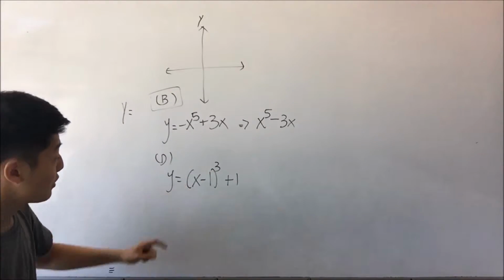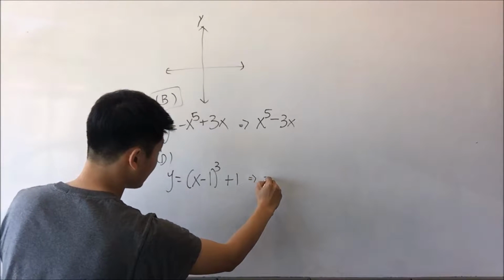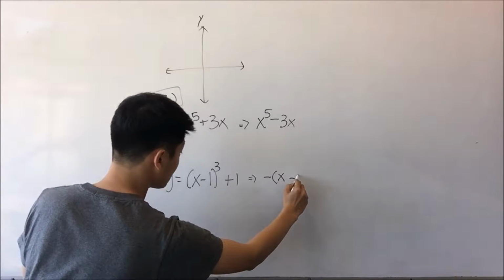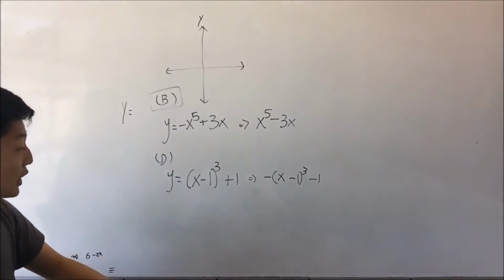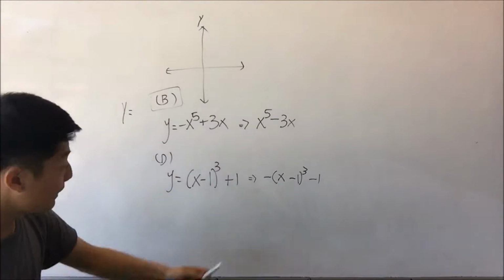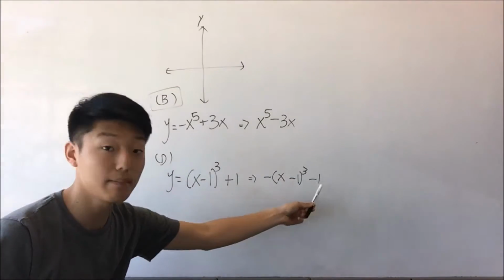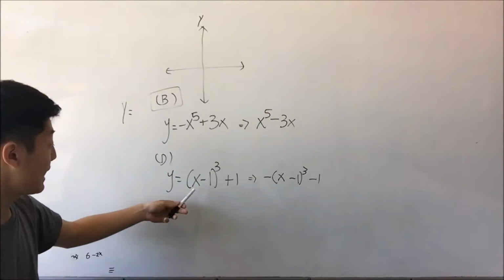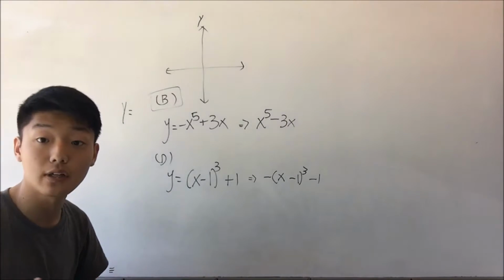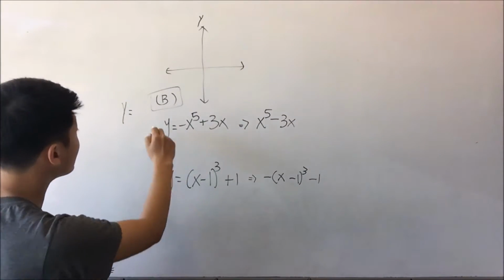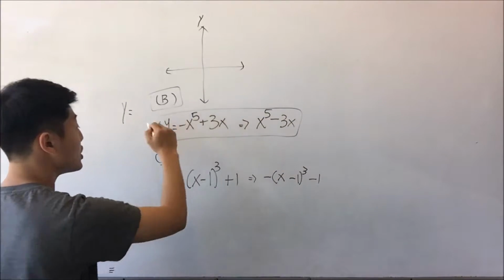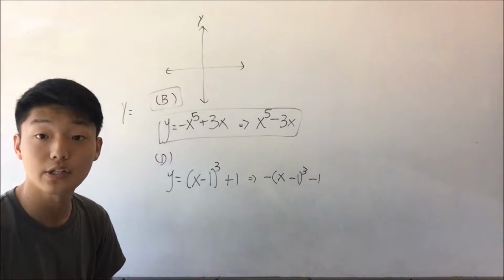You want this to look like negative x minus 1 to the third minus 1. However, because you cannot plug in minus x to the 1, it can never be the opposite. So D cannot be symmetric with respect to the origin. Thus, the only answer available for number 7 is option B, which is y equals negative x to the 5th plus 3x.